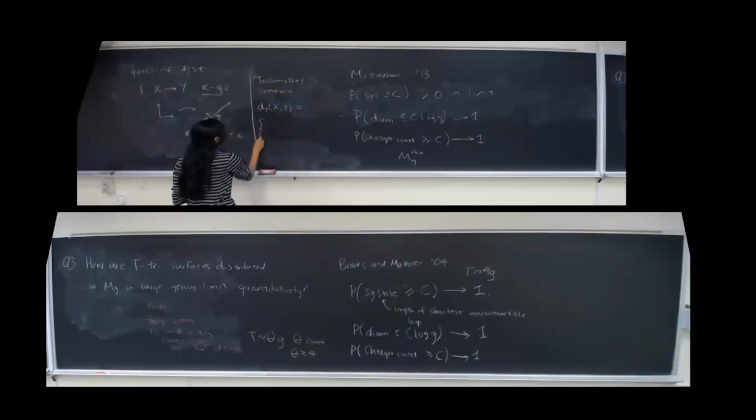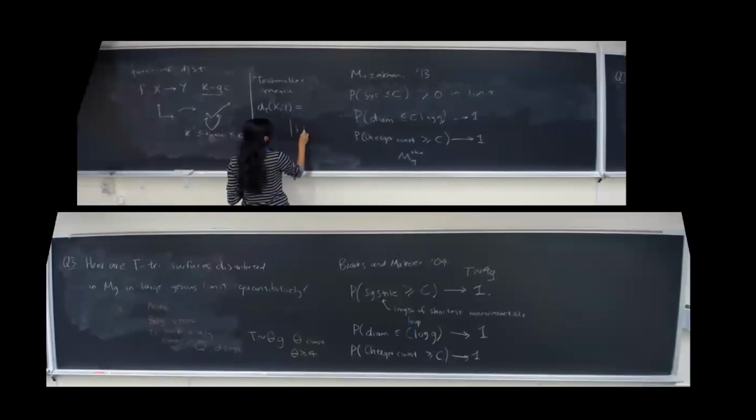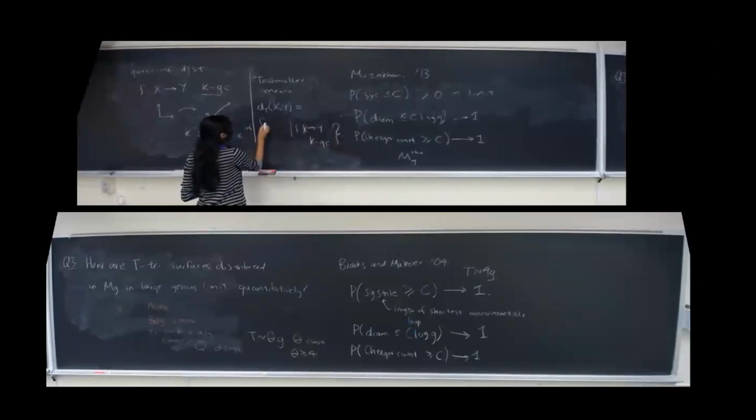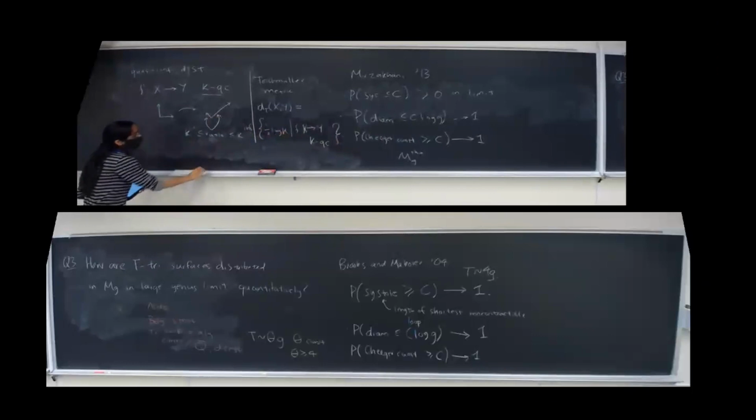You simply take all quasi-conformal maps and then you take the infimum of the log of k, so that just becomes a metric.